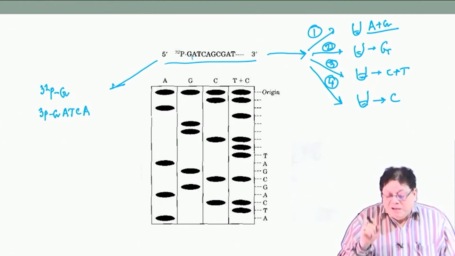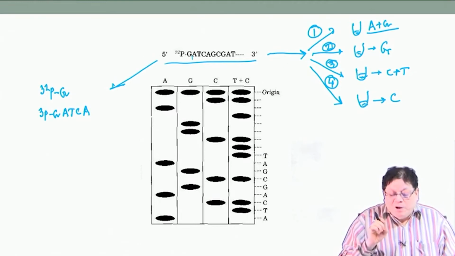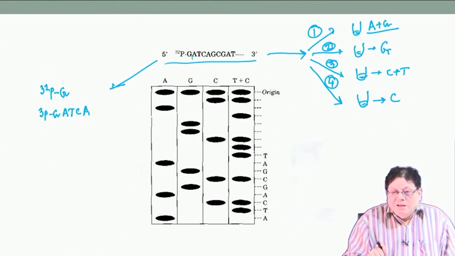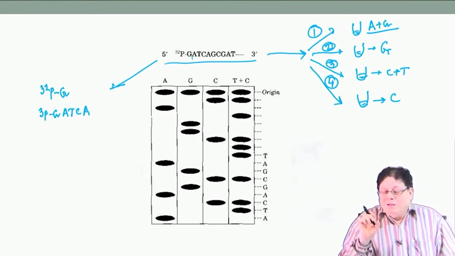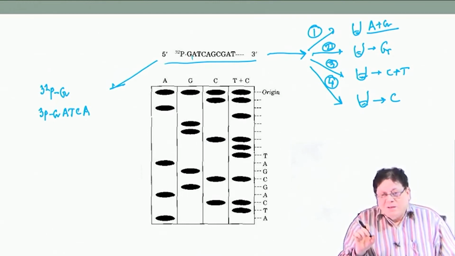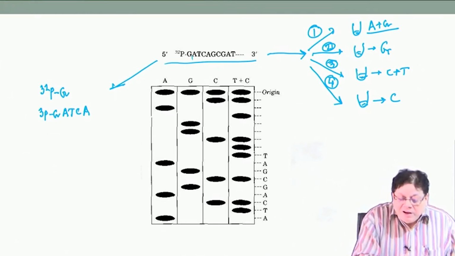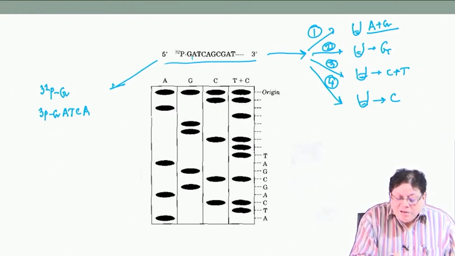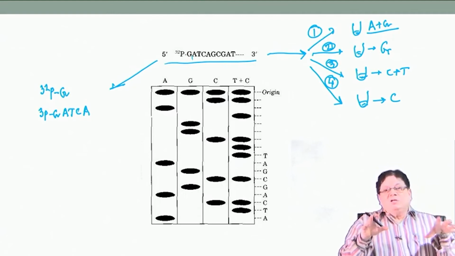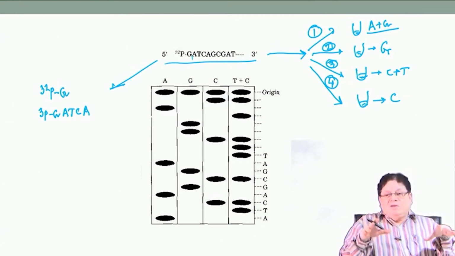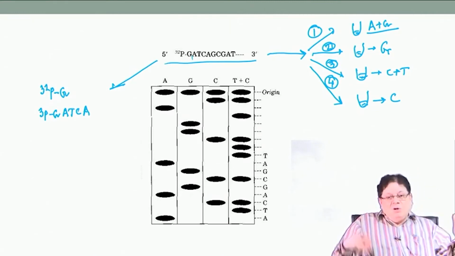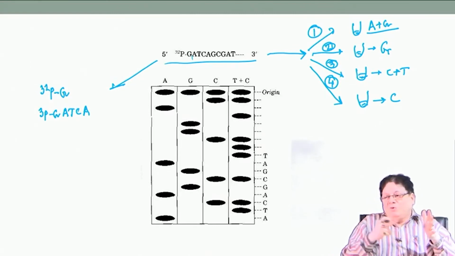Now, one point I missed, and that is a very valid point. What I am considering here is that one piece of DNA gets attacked only once by the reagent. That means, if I have this molecule, you will not get cleavage of both the G's in the same molecule, because the concentration of the reagents is kept at such a level that statistically only one reaction is going to happen to one molecule.